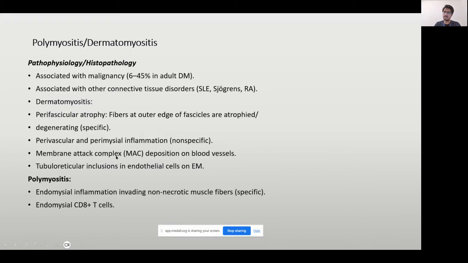We sometimes find membrane attack complex deposition on the blood vessels. In polymyositis, we may find endomysial inflammation invading non-necrotic muscle fibers and endomysial CD8 T cells. These are the findings that we find on the muscle biopsy.